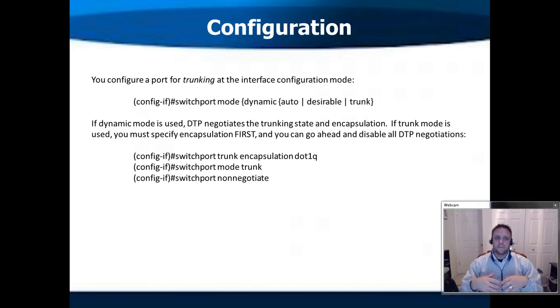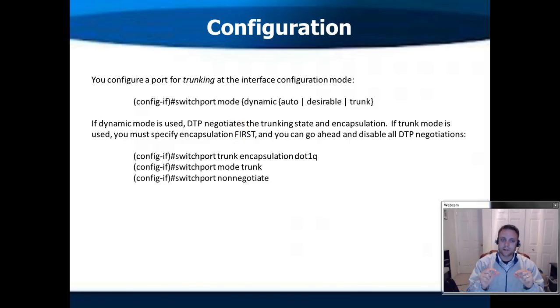So the configuration. You configure a port for trunking at the interface configuration mode. Here's an example of the config. You simply go into the interface configuration mode, type in switchport mode, and then whatever you want it to be. I'll show you that here in a moment. If dynamic mode is used, DTP negotiates the trunking state and encapsulation.